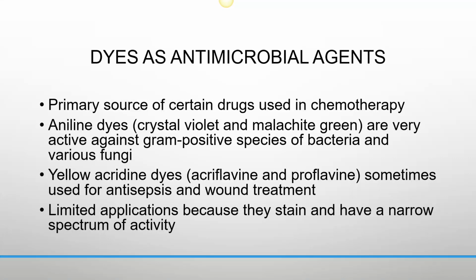Dyes. This is why surgical scrub has a particular color to it, usually a yellow or orange color. Dyes kill microorganisms, particularly gram-positive species. And on the surface of your skin is a lot of gram-positive staphylococcus. So if you go to have surgery, like let's say you're having a cesarean section delivery of your baby, they use a surgical scrub that has a dye in it, and that's going to decrease the amount of natural bacteria on the surface of your skin.